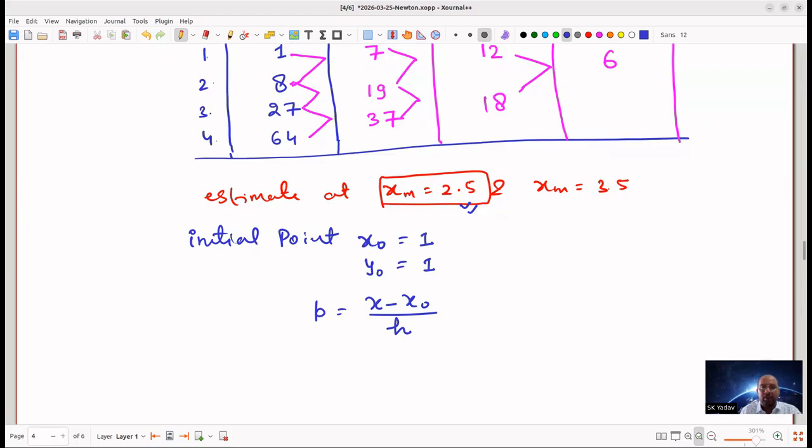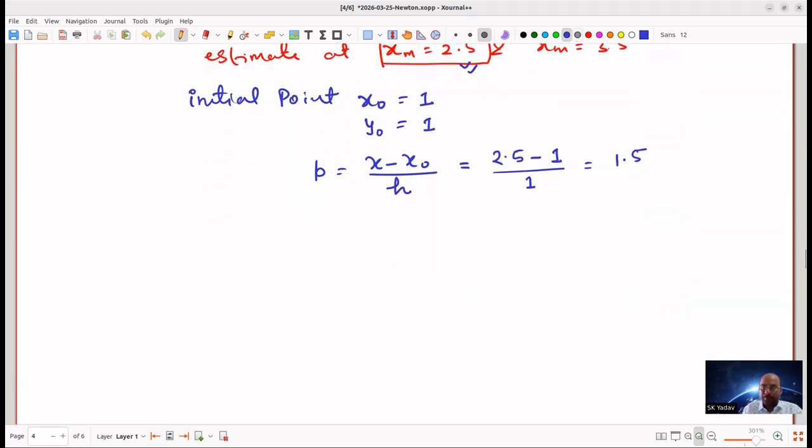So the difference between each data point is equal and it is 1. So this will now be changed as 2.5, that means the required value, minus the initial value, that is 1, and then a step size 1. So this now is 1.5.